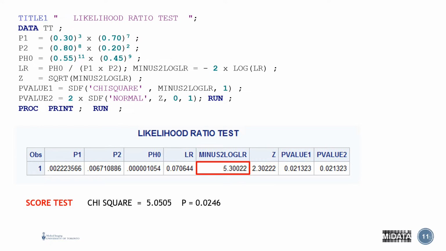Now this was simply to show you the relationship between the chi-square and the Z distributions, which, you know, the Z distribution is simply the square root of the chi-square distribution, and brings us to how SAS calculates the first listed chi-square test result from its output, and it uses the Z test with a Z statistic to estimate the binomial probability distribution, and this test is called the score test.